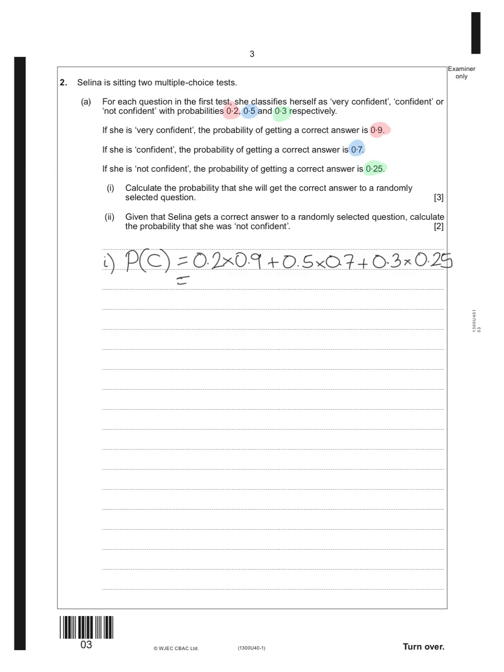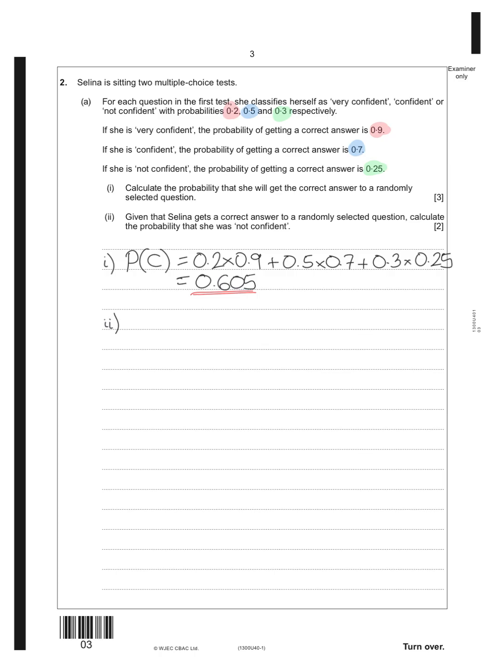And I'm going to type that into my calculator and add them all together, 0.605. So there's nearly a 61% chance that she gets the randomly chosen question correct.